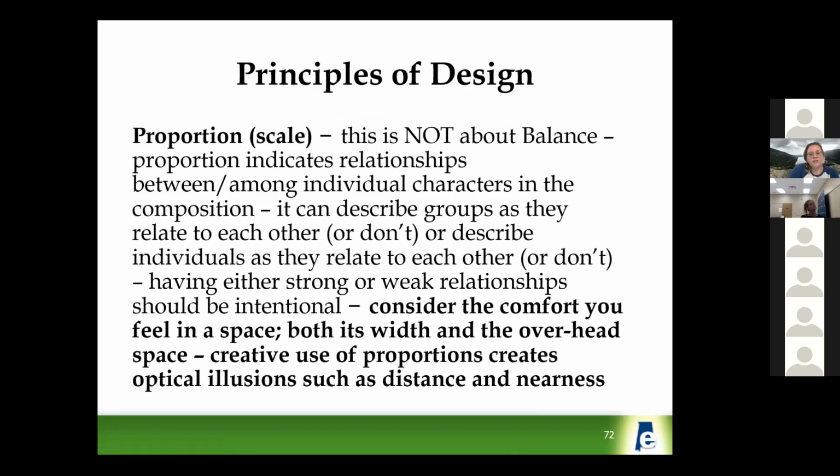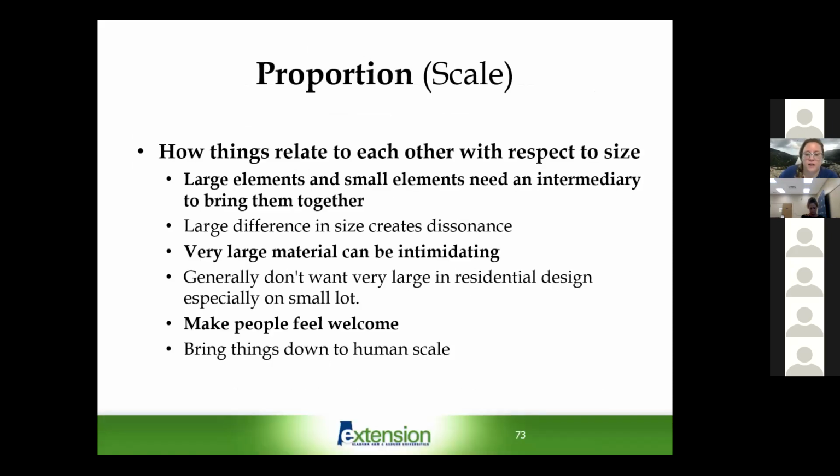So proportion, which we're going to talk about, is not balance. And we'll talk about what balance is, but proportion is basically the relationship among different elements in the landscape. When we think about how things relate to each other with respect to size, large and small elements need something in between to kind of break them up.